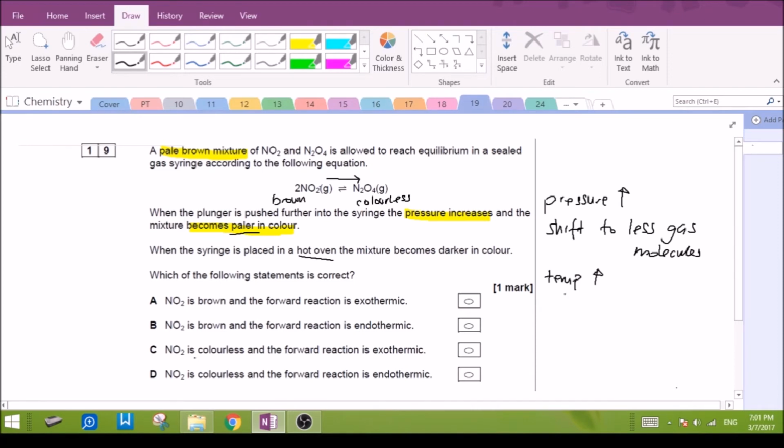When the temperature increases, the system will shift in the endothermic direction, because it wants to remove the added heat. So we are told that the mixture becomes darker in color.